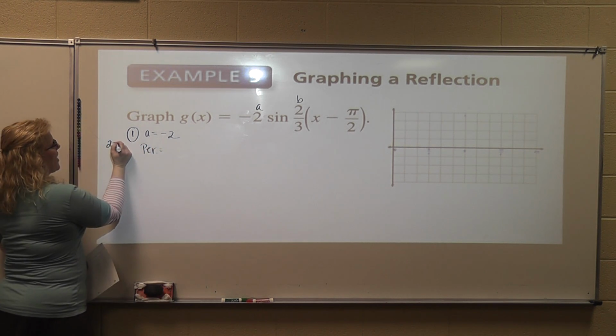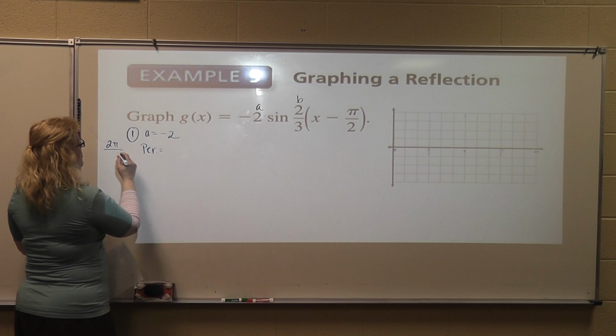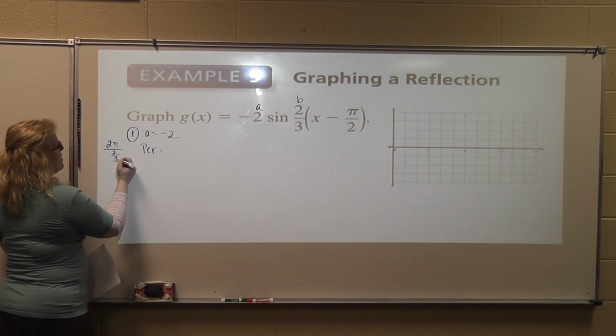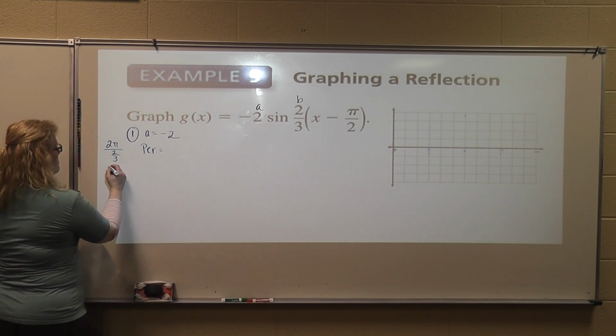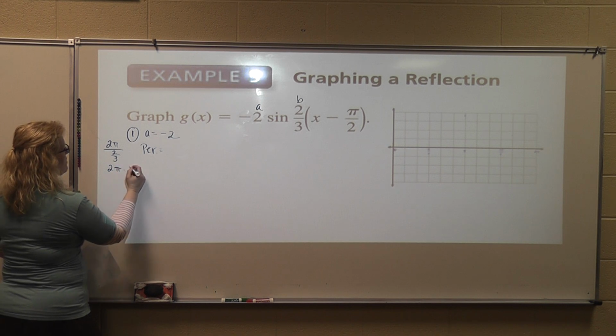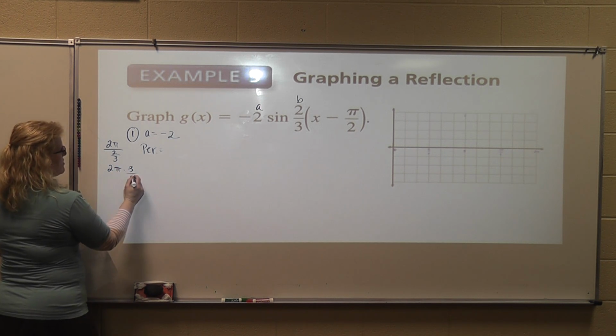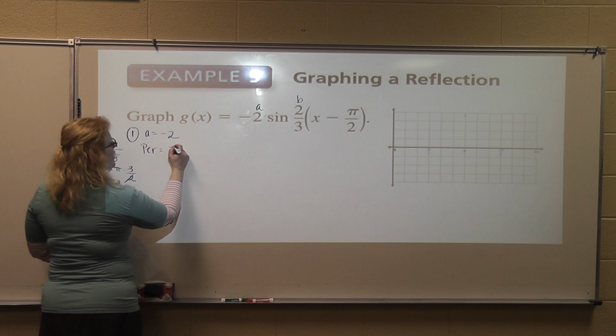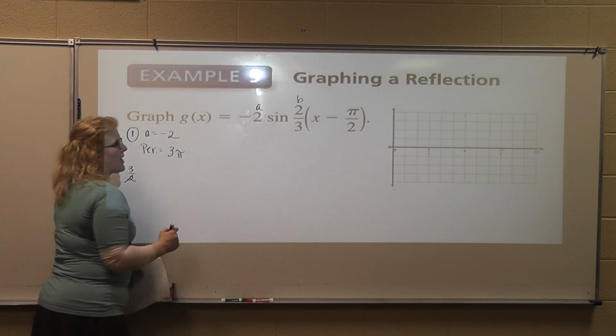Again, my period is 2 pi over b, and b is 2/3. So if I flip this, or multiply by the reciprocal, the 2's cancel, and my period is 3 pi.